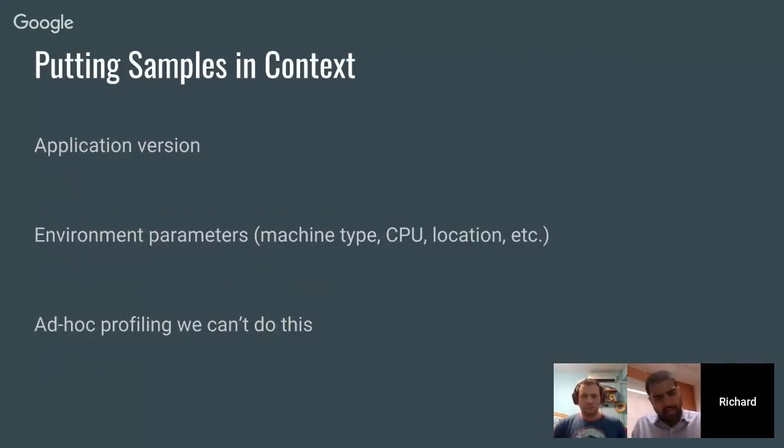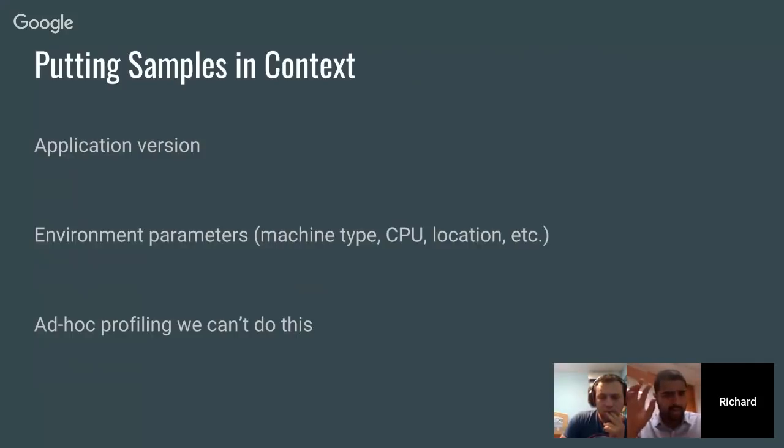And it then allows us to do other things like put the profiling data we have in context. So we talked about looking at performance regressions. Well, maybe we can attach other contextual information to samples, like what is the version of the application. Things like environmental parameters. What is the machine type? Is this an Amazon C3 versus Amazon C4? And that then allows you to dice up your data and say, you know what, I'm only interested in our servers that are of this particular type.